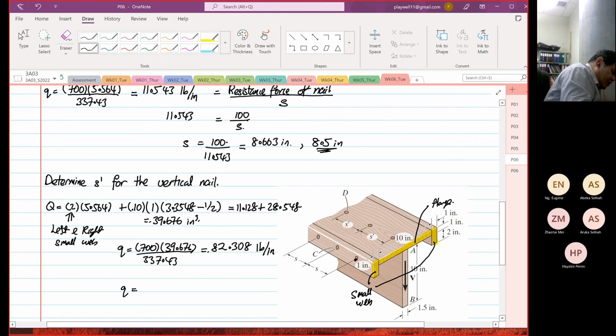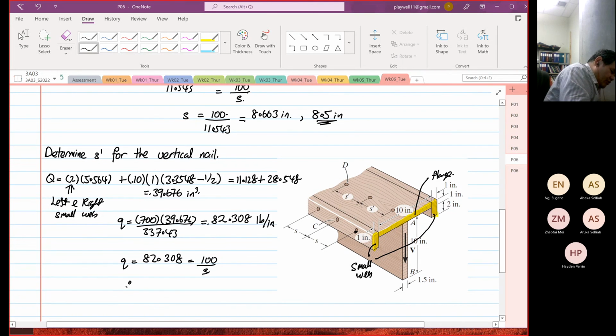Then Q, 82.308, is equal to 100 divided by S. So S is equal to 100 divided by 82.308, which is equal to 1.215 inch. And it's difficult to measure 1.215, so you will use S prime equal to 1.2.